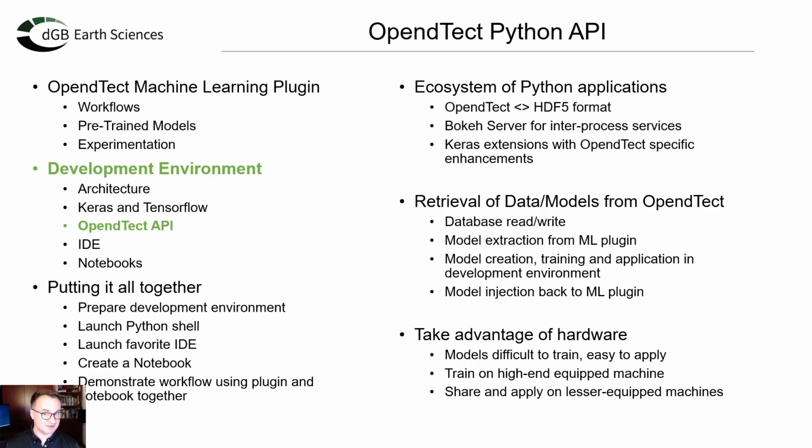And of course, we have the Bokeh server for inter-process services, as I described, and the Keras extensions with OpenDetect specific enhancements. So the basic idea is that it allows retrieval of data and models from OpenDetect and putting them back in. So database reads and writes, model extractions from the machine learning plugin, model creation, training, and application in a development environment, and model injection back to the machine learning plugin.